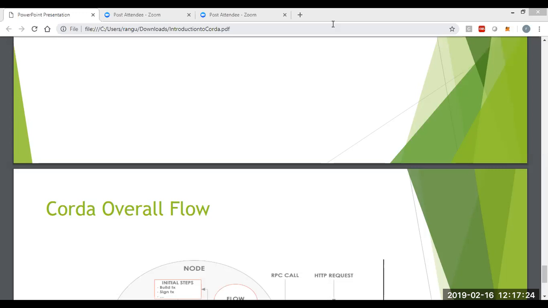Every input should be formed from an unconsumed state, meaning an output state that has not been read or used by any other node and is fresh for you to process. That is called an unspent state, or UTXO state. Is it clear, or do you want me to explain more?